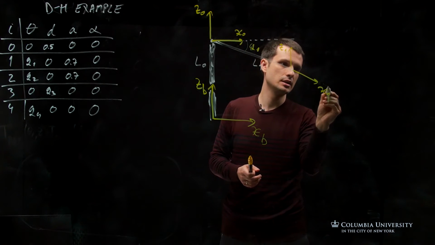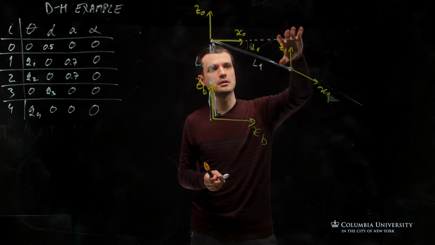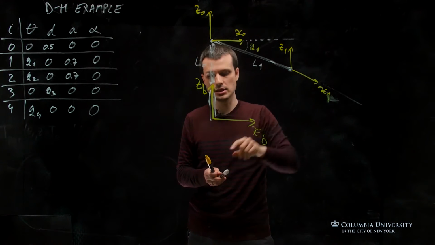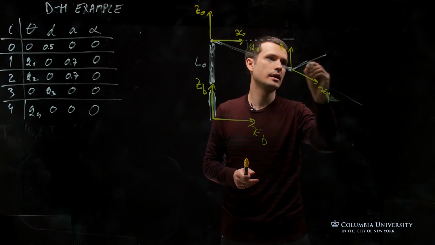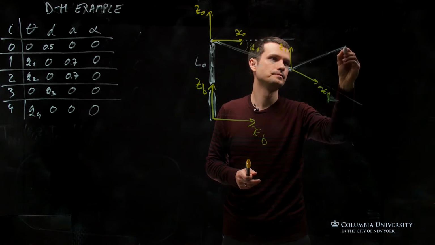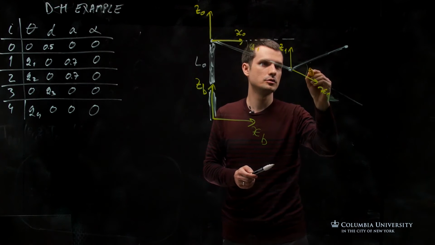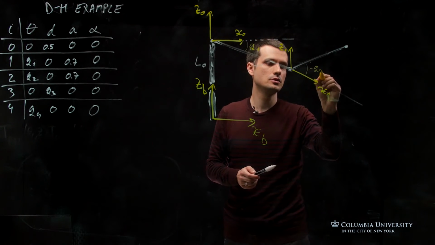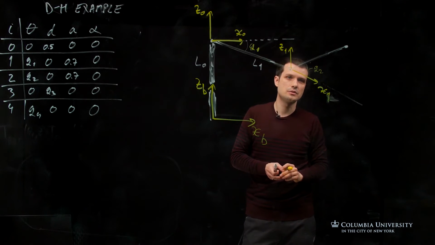If we extend this a little bit, a positive rotation around Z will bring X into Y, so this is actually going to be a negative rotation, minus Q2. But this will just make it easier to draw.